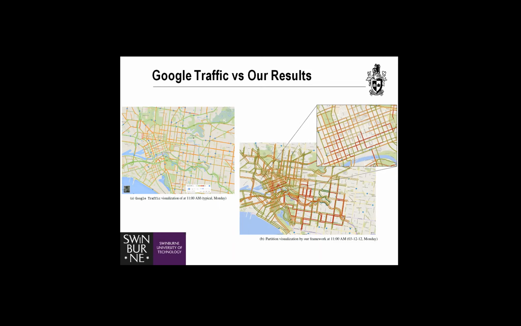In contrast, in our visualization in figure B, we have visualized five different partitions, where the one in dark red is the most congested partition, and the one in light green is the least congested partition.